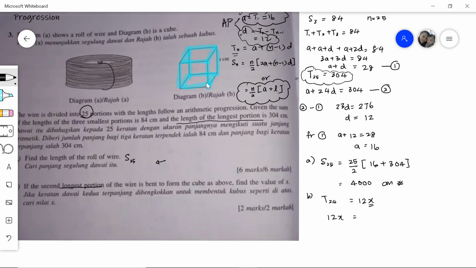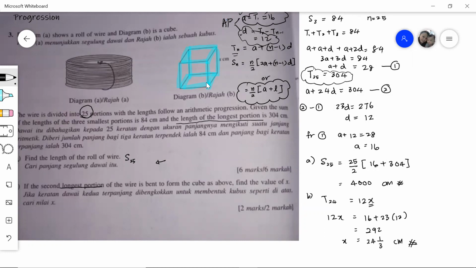So 12x is the 24th term, that is a + 23d. Our a is 16 plus 23 times d, which is 12. Put into the formula and use the calculator. We have 292 cm, the length of the 24th term, and divided by 12, we get x = 24 and 1/3 cm.